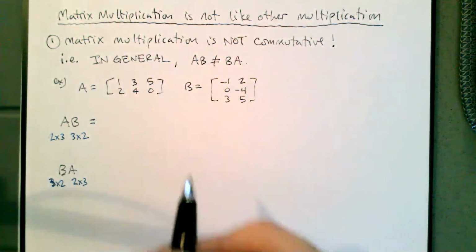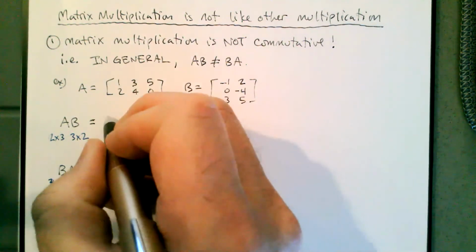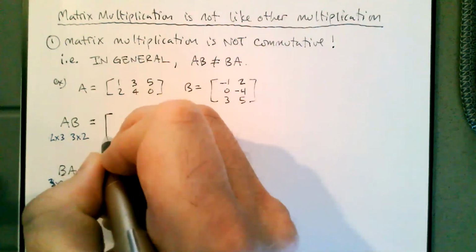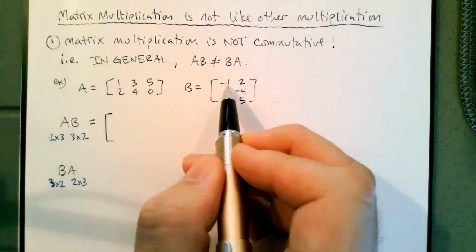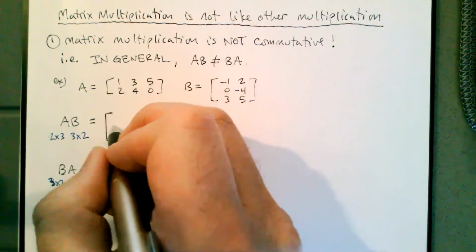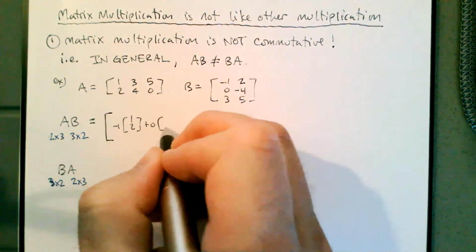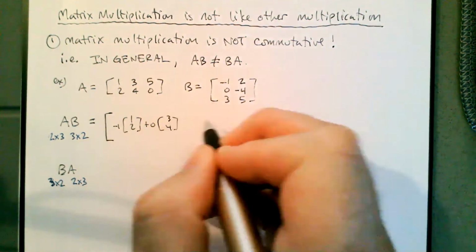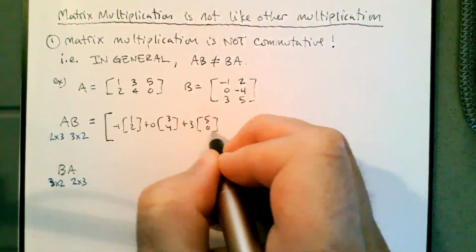So I need to make a linear combination of the columns of A using the entries in B as weights. So the first column of AB will be negative 1 times 1, 2, plus 0 times 3, 4, plus 3 times 5, 0.